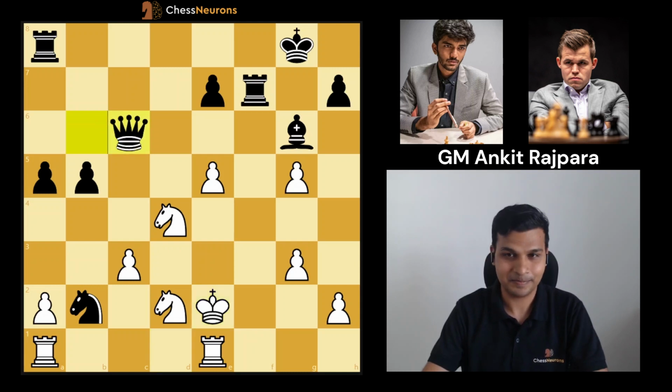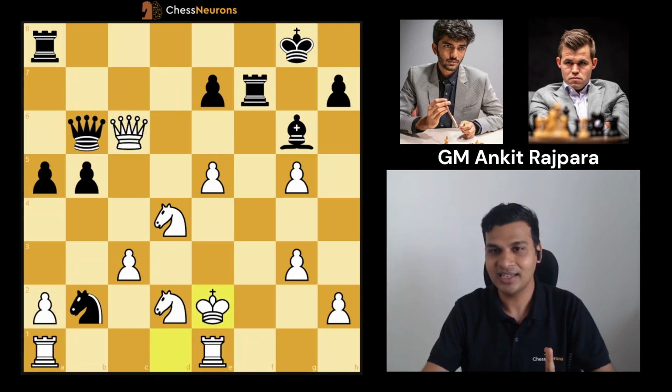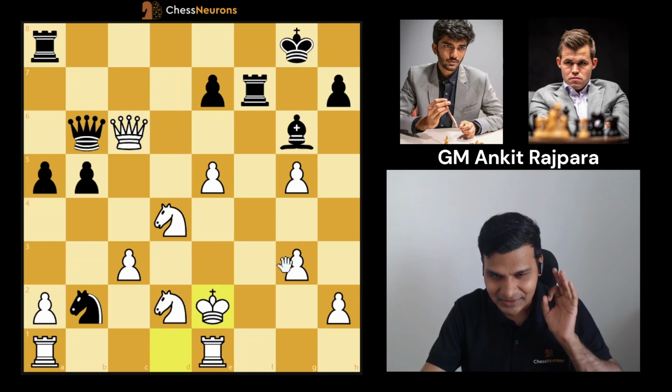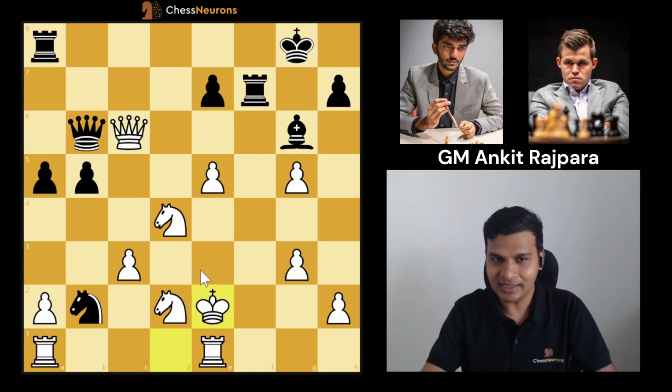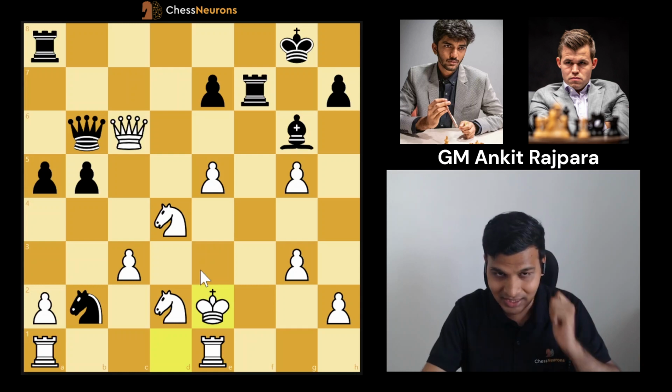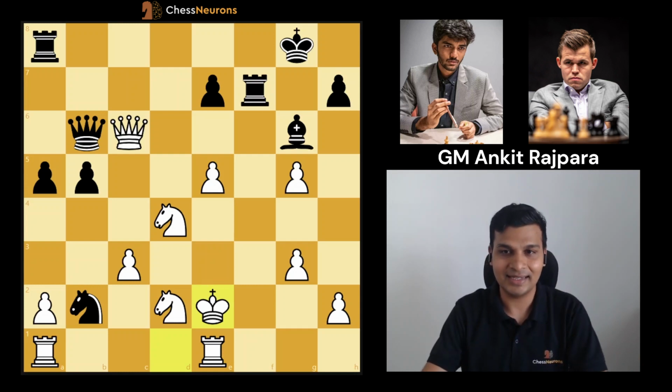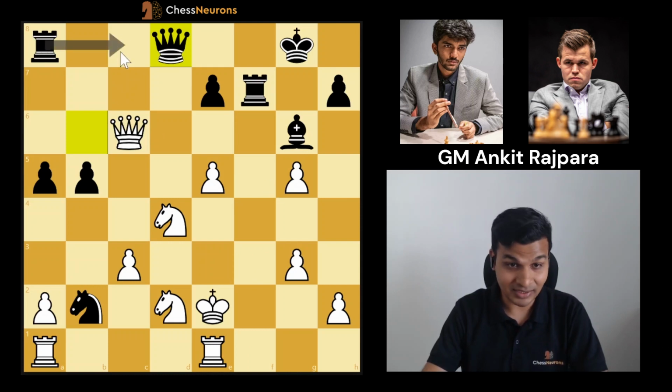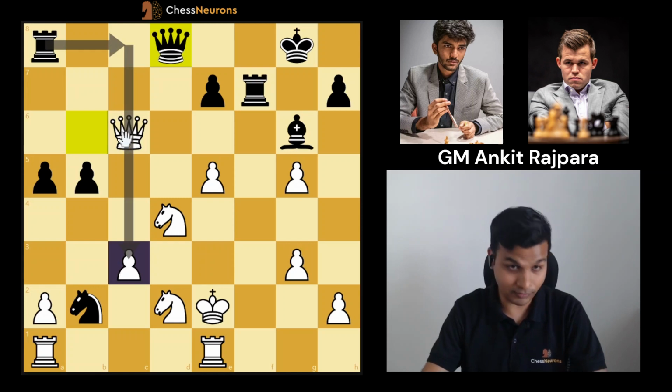He exchanged the queens. He should not have exchanged the queens because Gukesh's king is very weak in the center, and queen is the most important piece when it comes to attacks. Carlsen should have kept the queens, and queen d8 should have been played because the idea is that he wants to play rook c8, and then he wants to put pressure on this pawn, of course, on the queen.